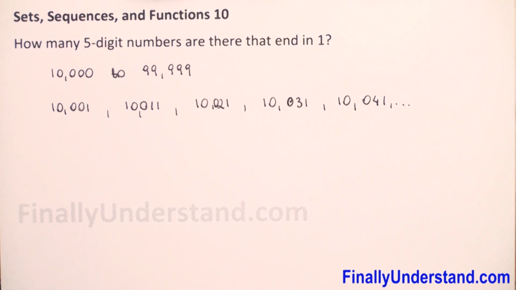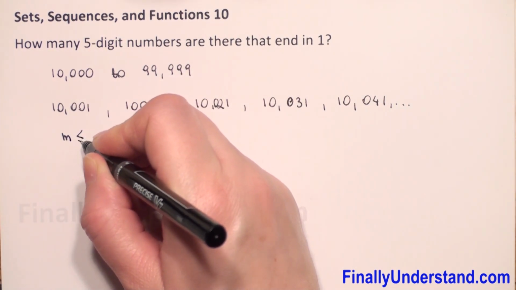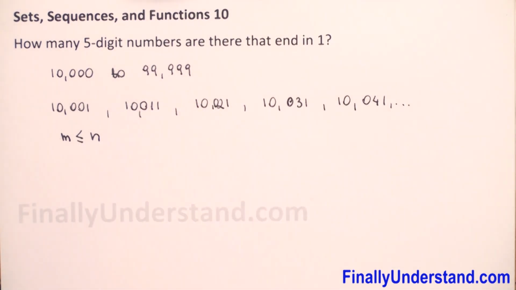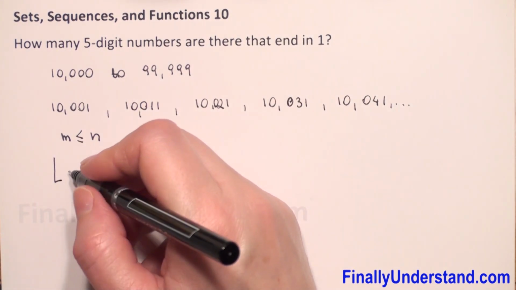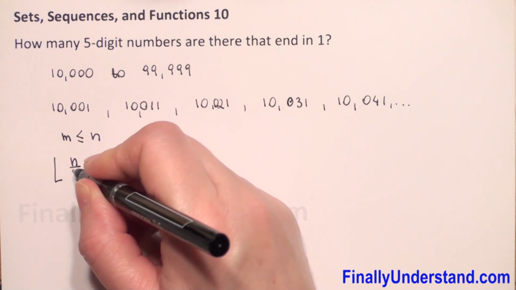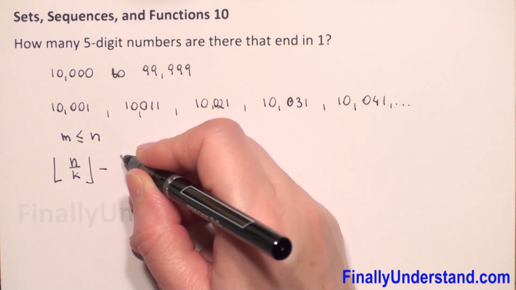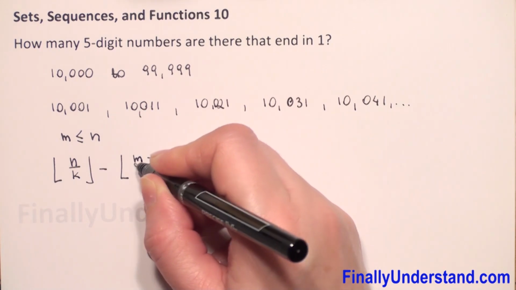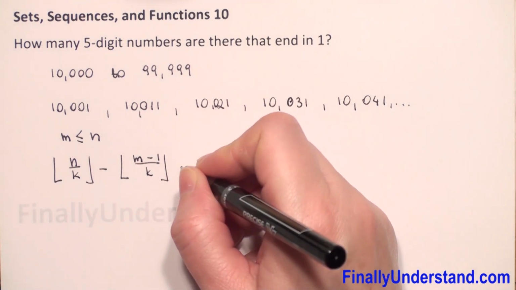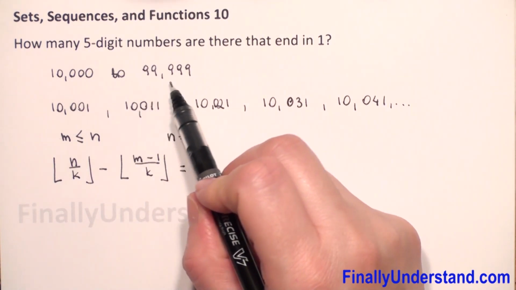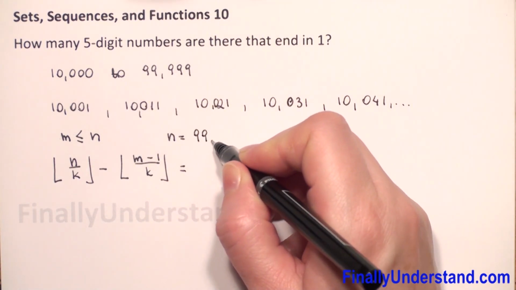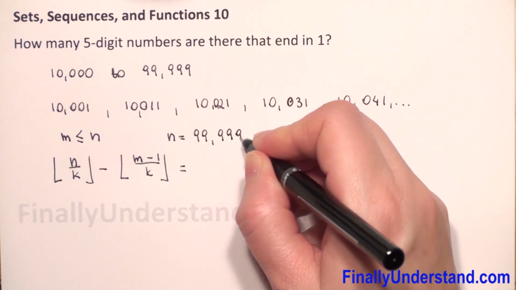So we can use a formula: when we have number m less than or equal to n, then the number of multiples of k is equal to the floor of n over k minus the floor of m minus 1 over k. So in our example, our n is the last 5-digit number, 99,999.